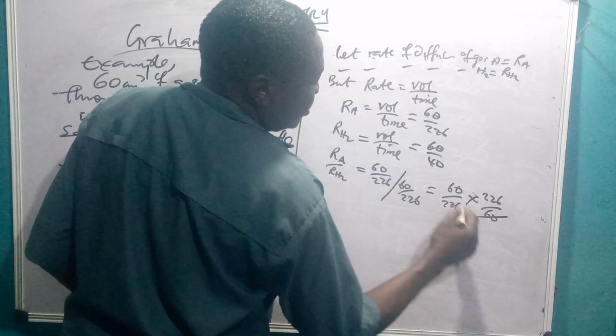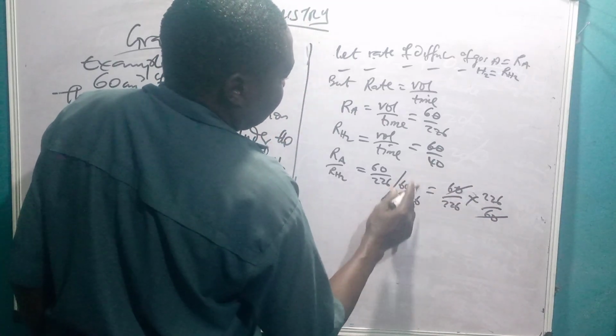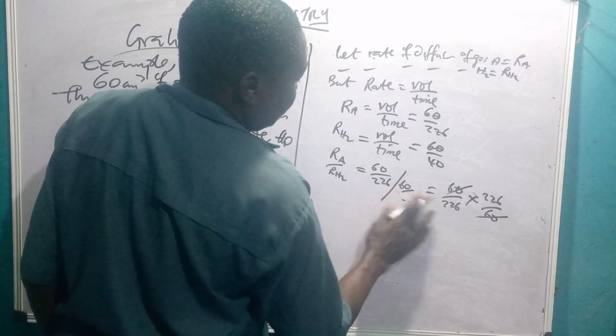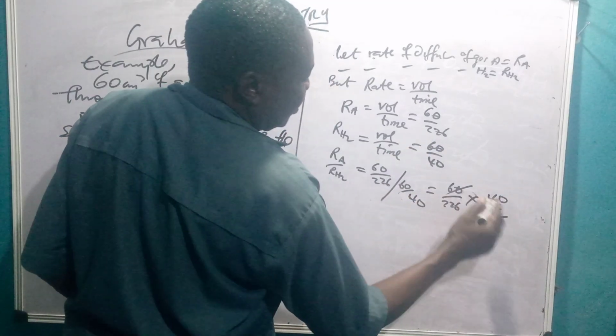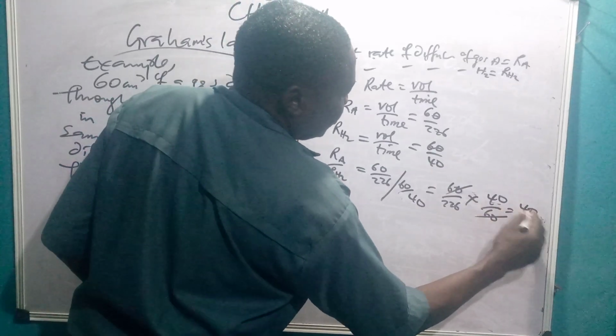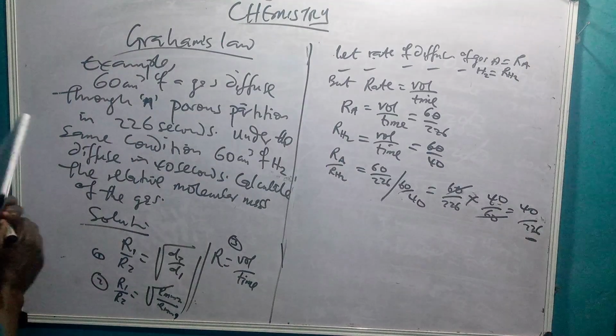To invert, 60 cancels 60. It now gives 40 over 226. So we have that one first.